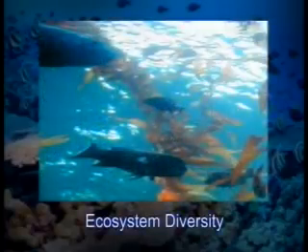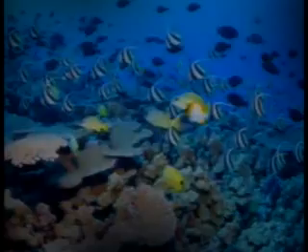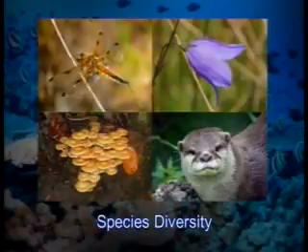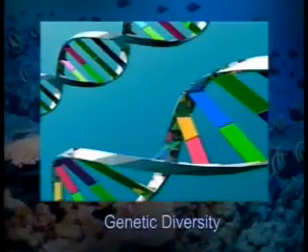We generally talk about biodiversity at different levels, and the most commonly used levels of biodiversity include ecosystem diversity, species diversity, and genetic diversity. By ecosystem diversity, we mean when we have different types of ecosystems, say lakes, wetlands, rivers, forests, grasslands, each having a distinct set of attributes and as such a distinct composition of species.